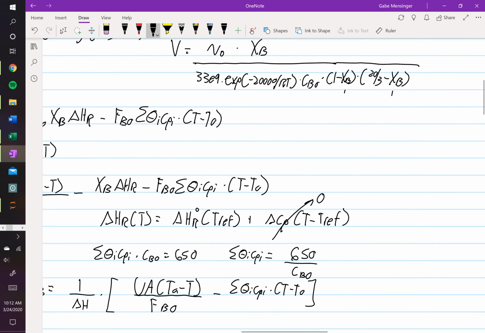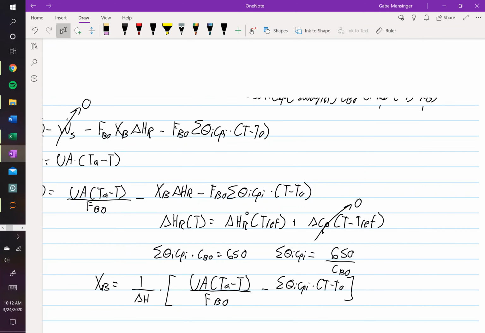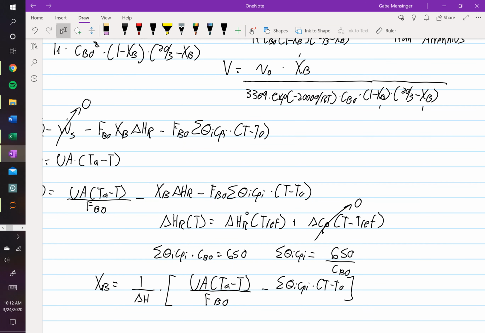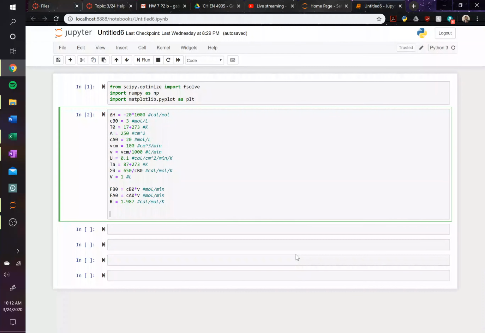So the next step is to essentially solve these, and or plot these, sorry. And we're going to do this in Python, because that's where I like to do it. Okay, so I've got all of our constants put in here.